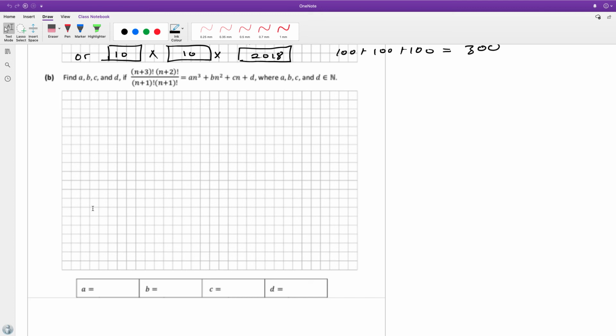Now, before you go multiplying them, see if you can spot anything.